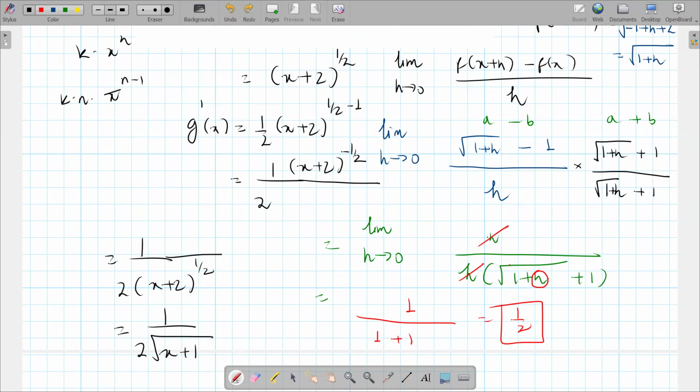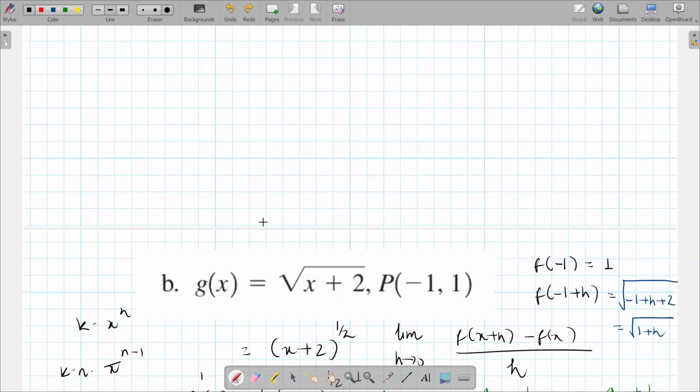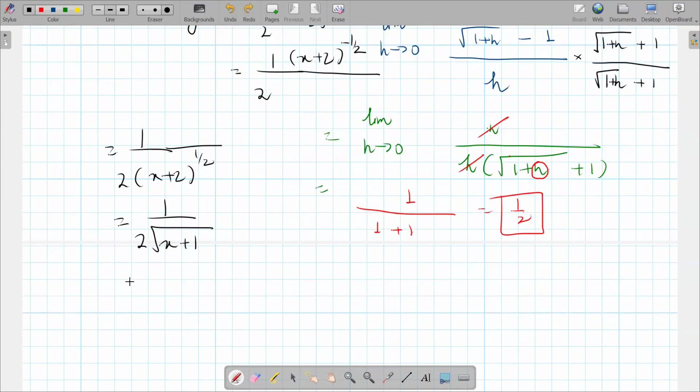What we're going to do with this now is we just plug in the x value. What was the x value? It was negative 1. So we have 1 over 2 times negative 1 plus 1. Is that right? What does that give you in the denominator?